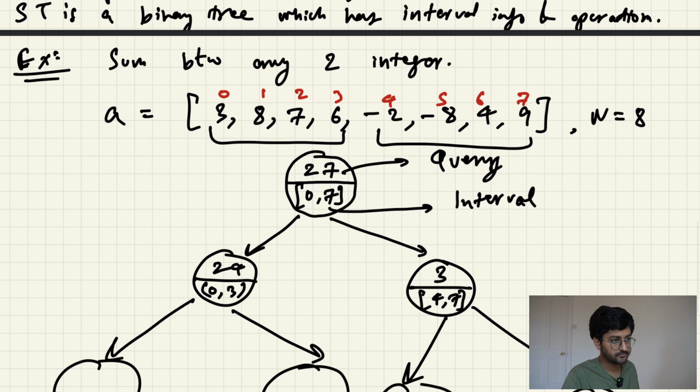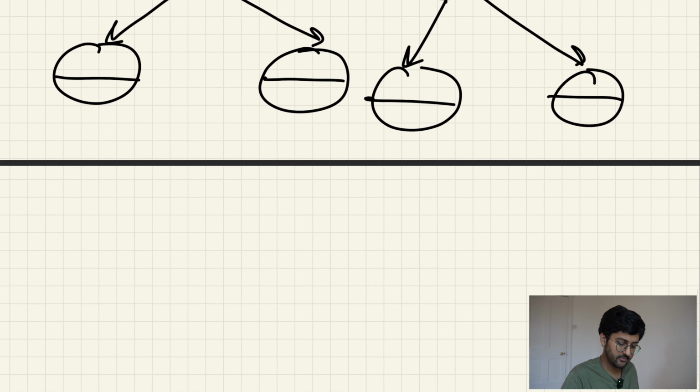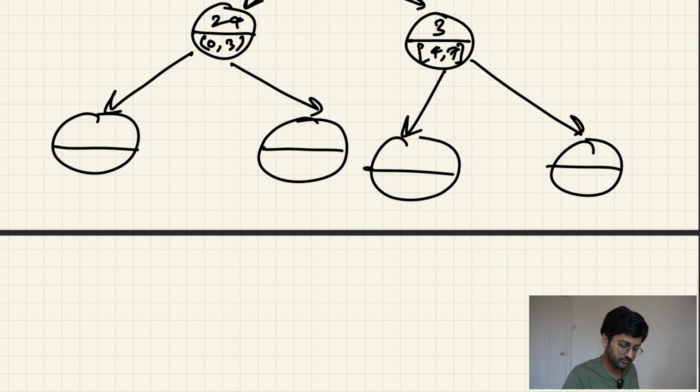If you divide it, you'll get what? This and this, this and this. 0, 1, 2, 3 and 4, 5, 6, 7. Divided all by 2.